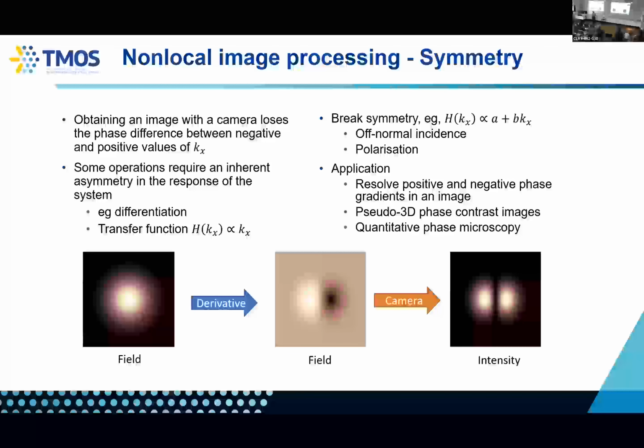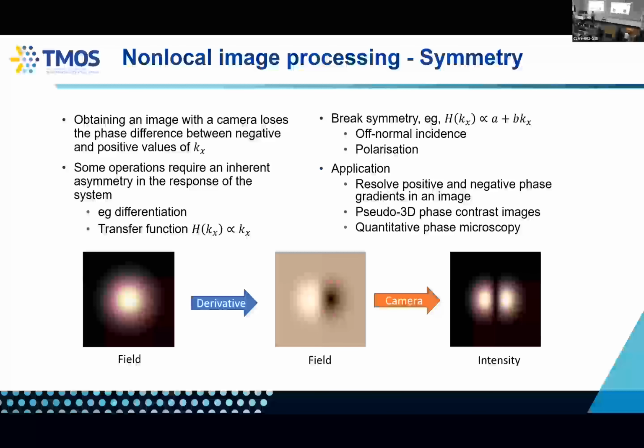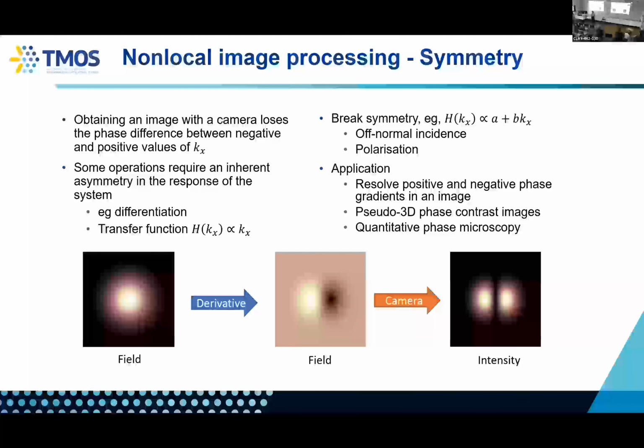Now, one thing I wanted to say something about before I dive into this any further, and that is the role of symmetry and the benefits of deliberately introducing some asymmetry into the system. And it comes back to the fact that as soon as you obtain an image with a camera, you lose phase information.